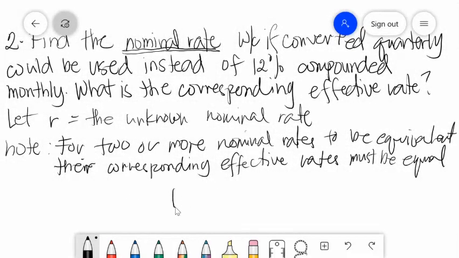So effective rate 1 is equal to effective rate 2.